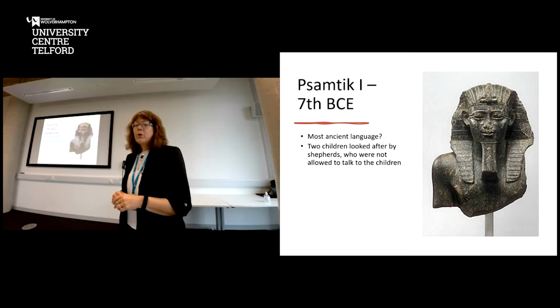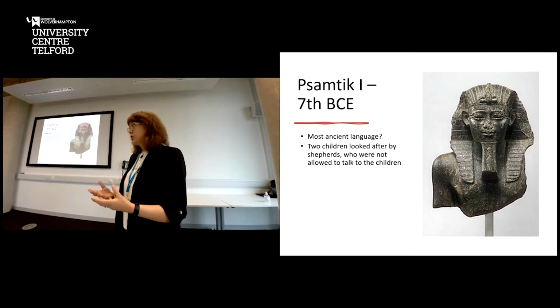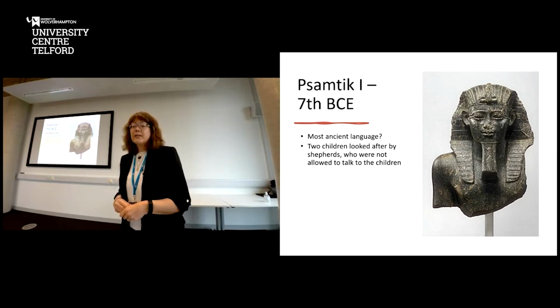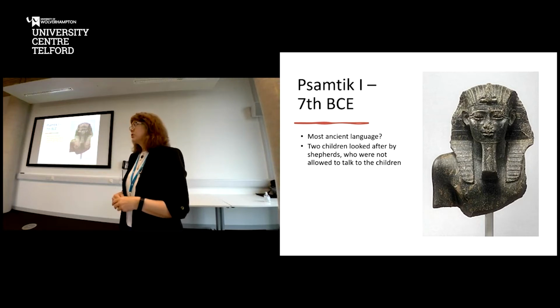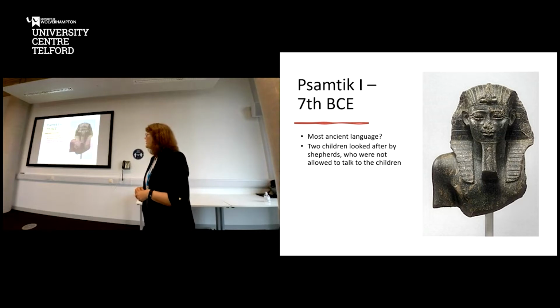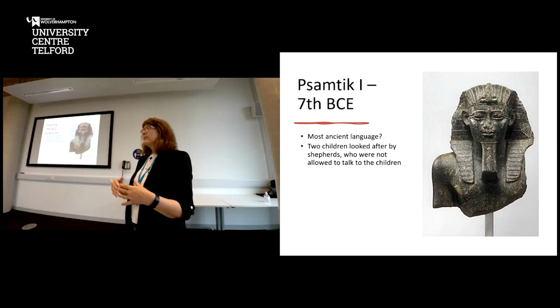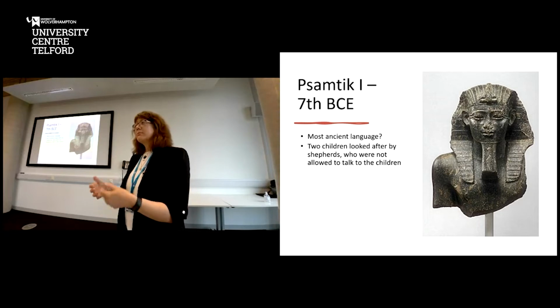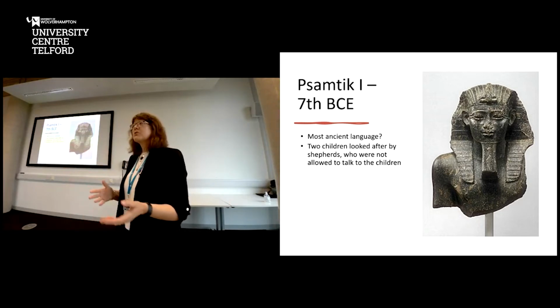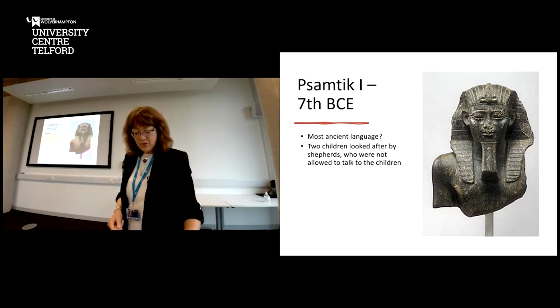So he took 2 children and gave them to some shepherds to look after. The shepherds weren't allowed to talk to the children, and the idea was that the words these children emerged with would give some indication as to the most ancient language.